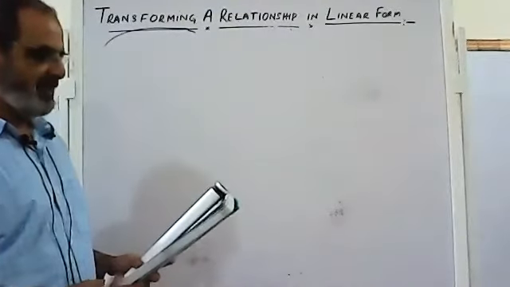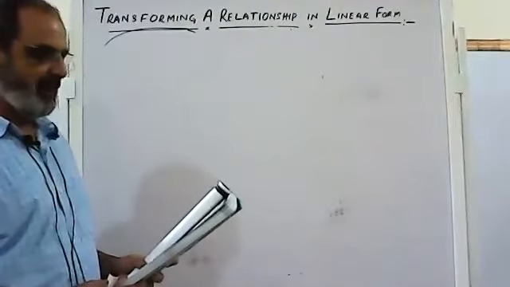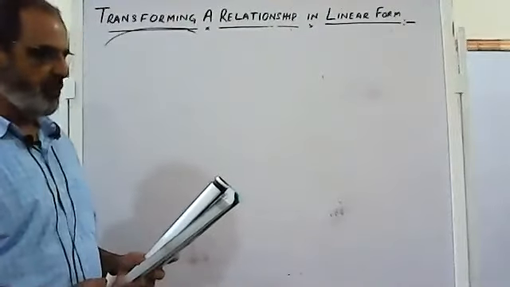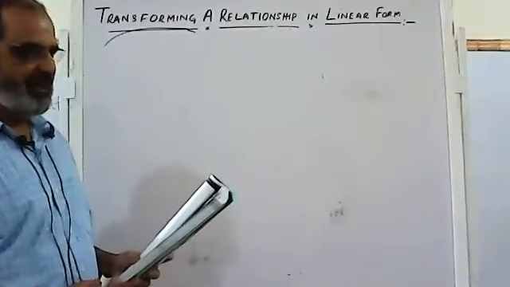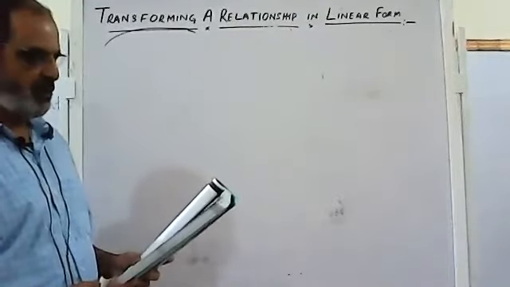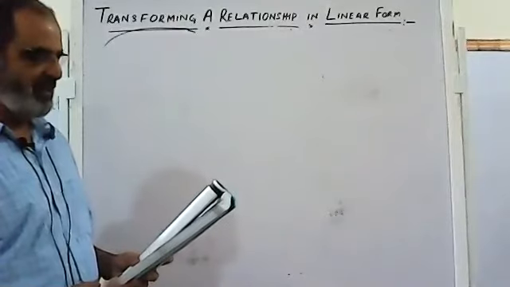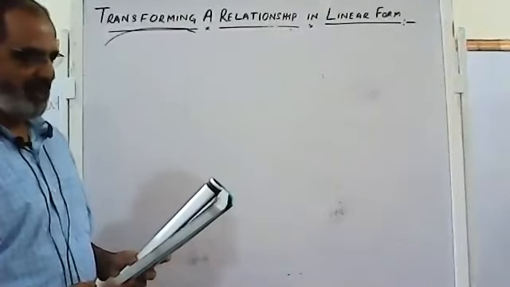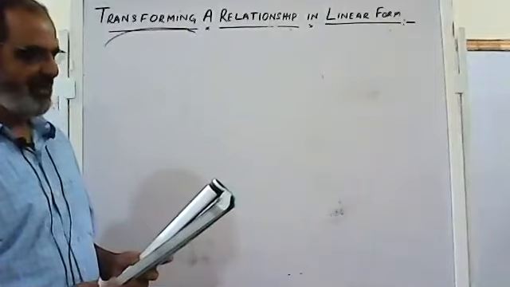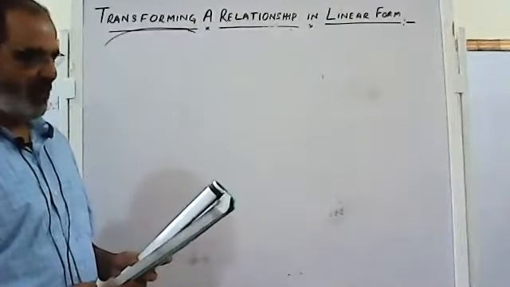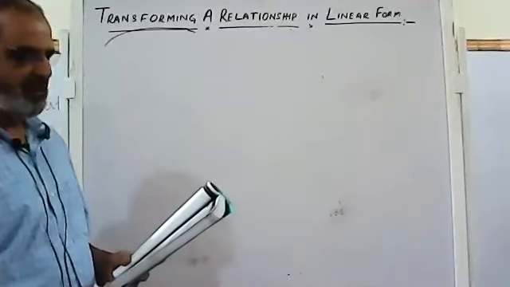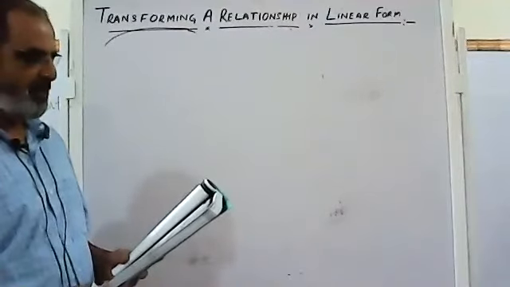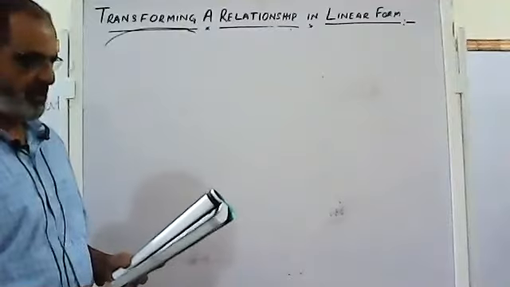Question 1 says that given that a and b are constants, use log to change each of these non-linear equations into the form y is equal to mx plus c. State what the variables x and y and the constants m and c represent. Note there might be more than one method to do this.